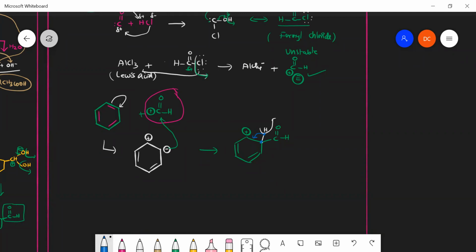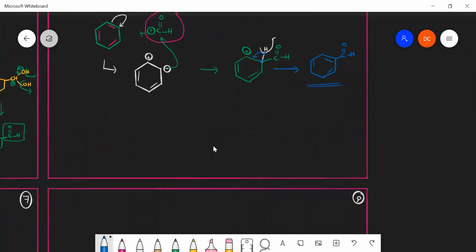The entire thing is getting satisfied and a double bond is getting formed. Very good. So here C double bond OH. Benzaldehyde has been formed. Very important thing: from benzene to benzaldehyde, straight away we can do it using the Gatterman-Koch reaction. Okay, so that's all about the preparation of aldehydes.